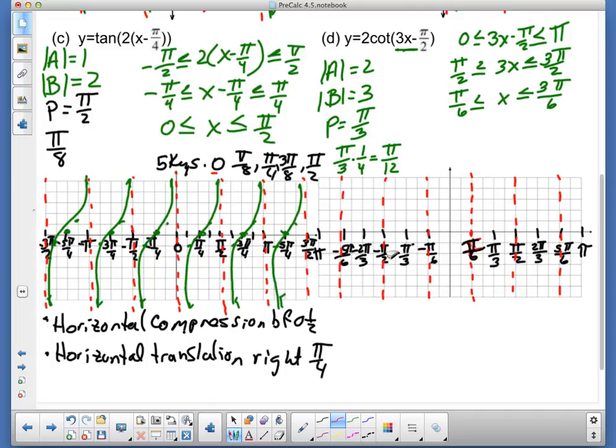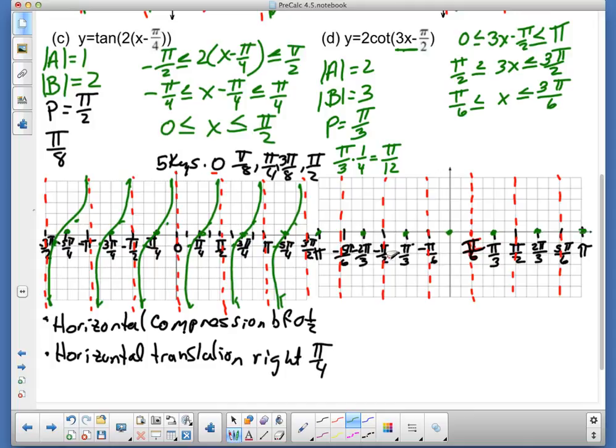Those are my asymptotes, and I'm going to get this going on. Remember, it's cotangent. It's on the axis. Okay, so now I'm just going to go to my spots on the axis where I've got to have a 0 here.